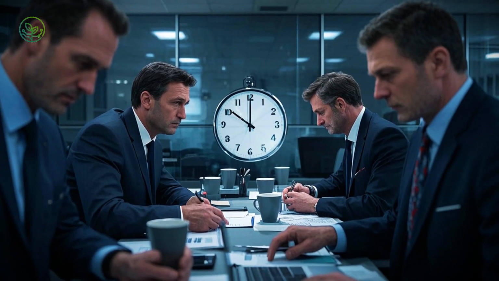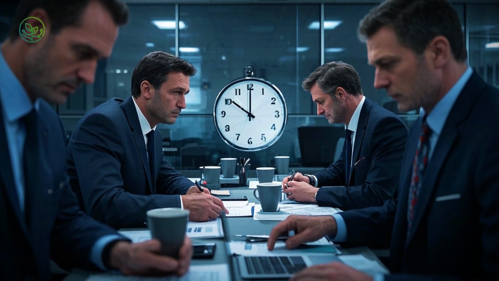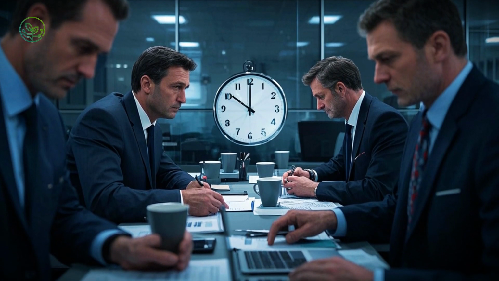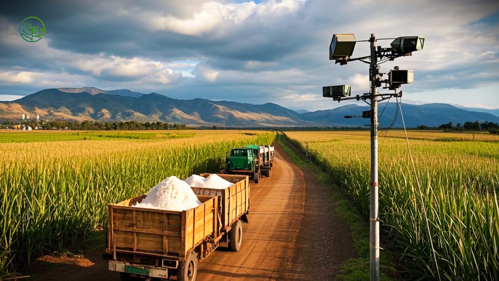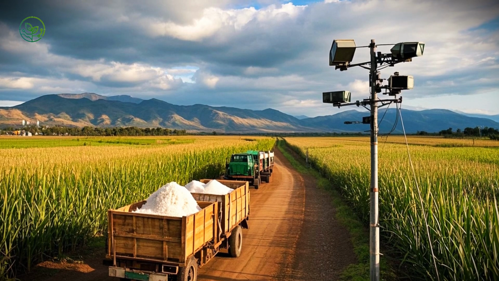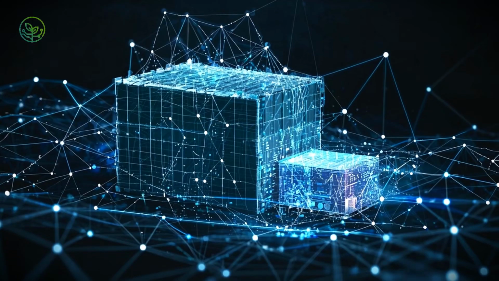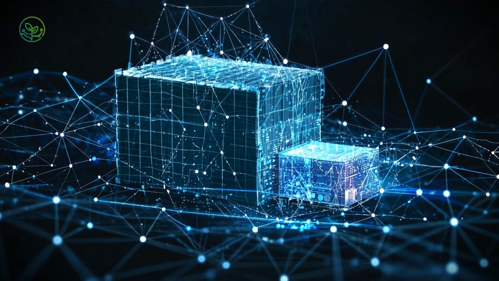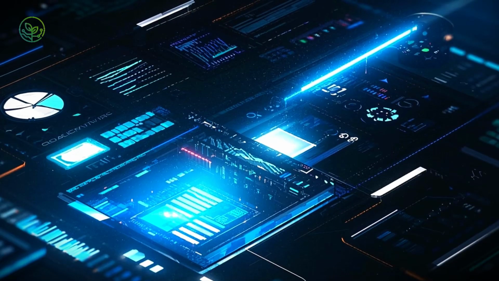The longer the wait, the greater the loss. But the most striking aspect of this problem is that it's often invisible to those managing the process. Because when logistics are based on distance, or tradition, or habit, they ignore the ticking clock inside the cane cells. The technological counterattack to this biological decay comes from predictive logistics.